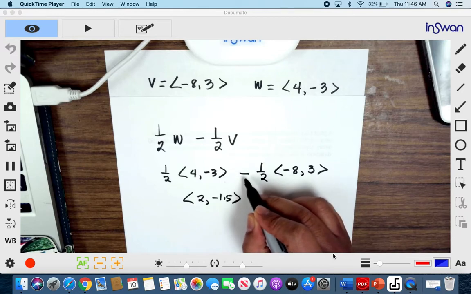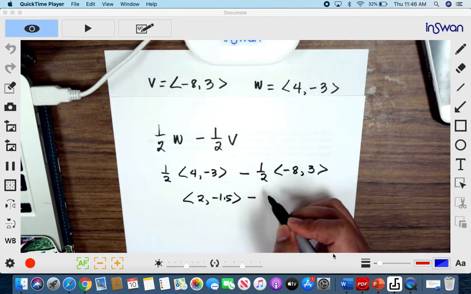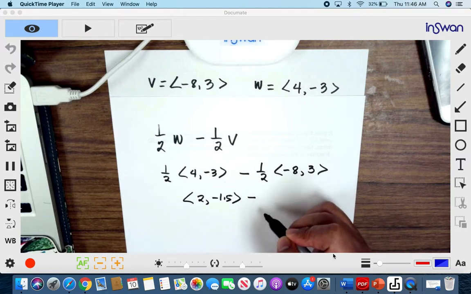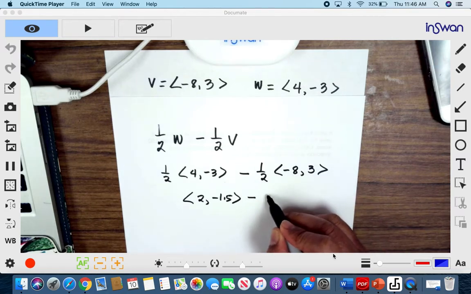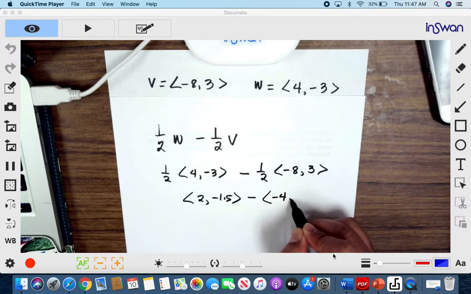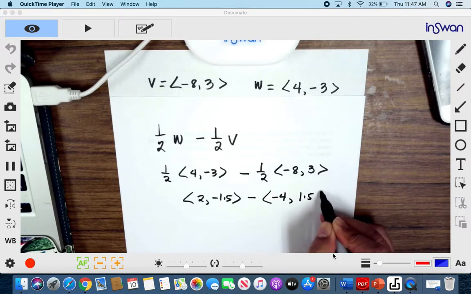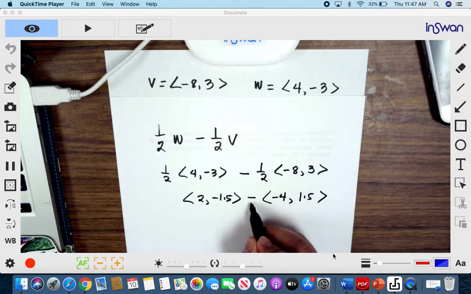That is why it's better to keep it as a minus so that we don't have any other steps but to subtract. So 1/2 of -8 is -4. And 1/2 of 3 is positive 1.5. Now remember, I distributed positive 1/2, not negative 1/2, because we are maintaining the operation minus.